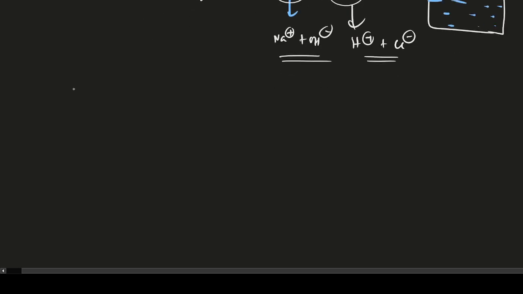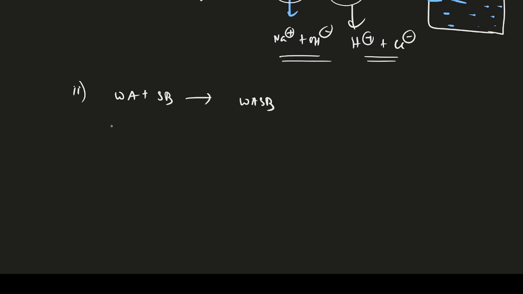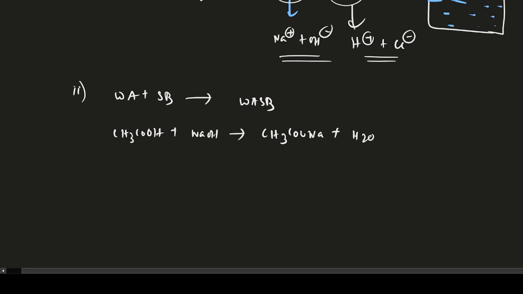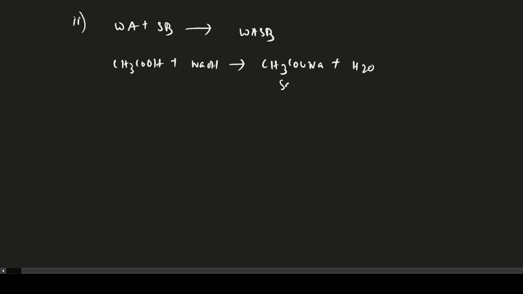Okay. So second case, if we have weak acid plus strong base, then the salt will be a weak acid strong base salt. Example, CH3COOH plus NaOH gives CH3COONa plus water. Now this is the salt, so this salt will react with water.